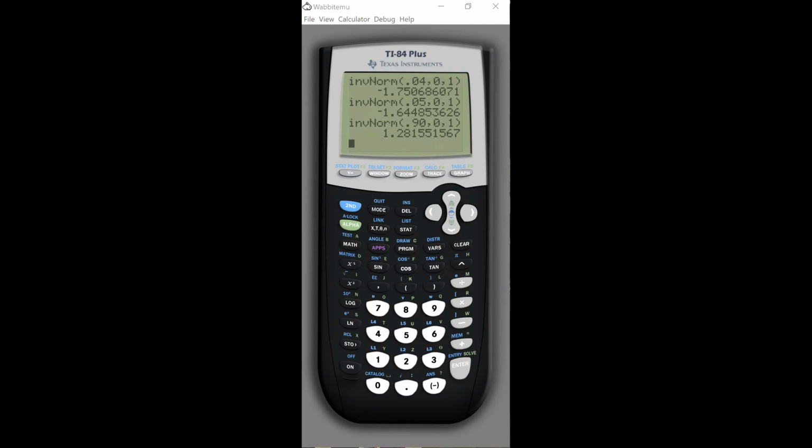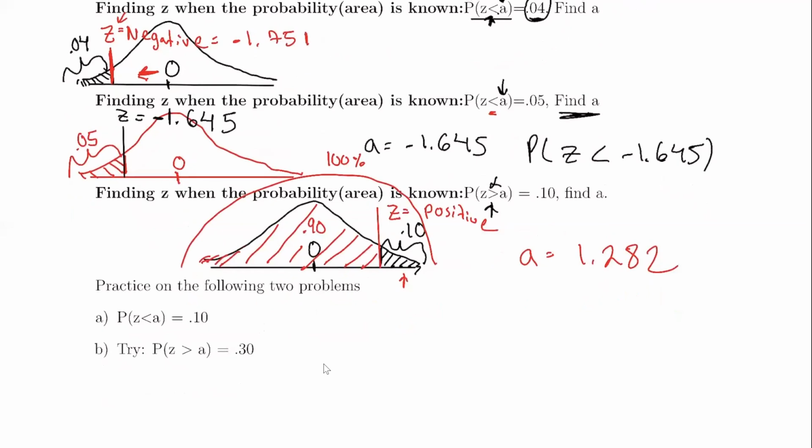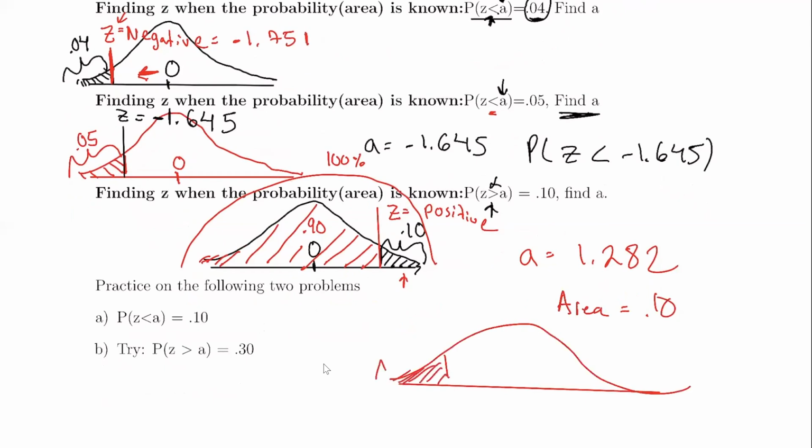It's just that the way the calculator is, if I would say area is equal to 0.10, the way the calculator will see it, that we want to find this. Gotcha. Okay. So in order for the calculator to give us what we actually want, you have to tell it what this entire area is, because the calculator is always assuming that you're giving it the area to the left-hand side.